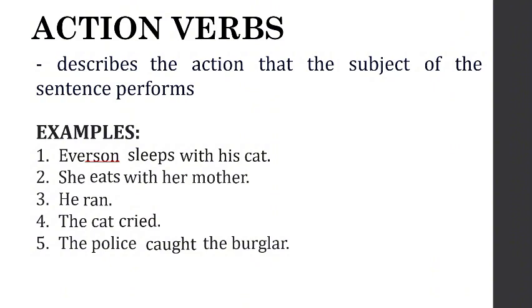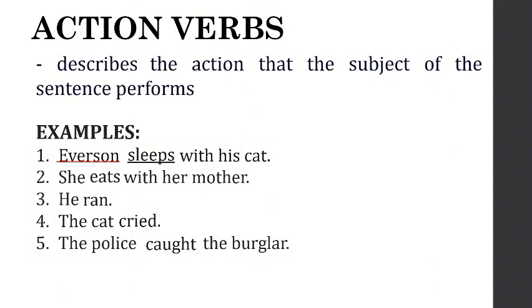It is Emerson. So I'm going to teach you to identify the action verb by the question, what is the subject doing? Our subject is Emerson, so we replace the word subject in the question: what is Emerson doing? He sleeps. So the action verb in the first example is sleeps.